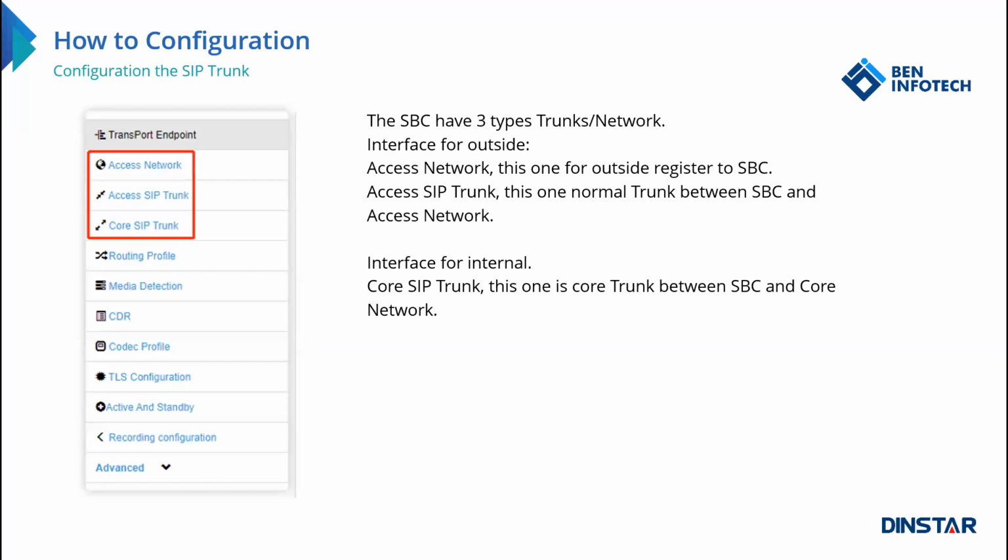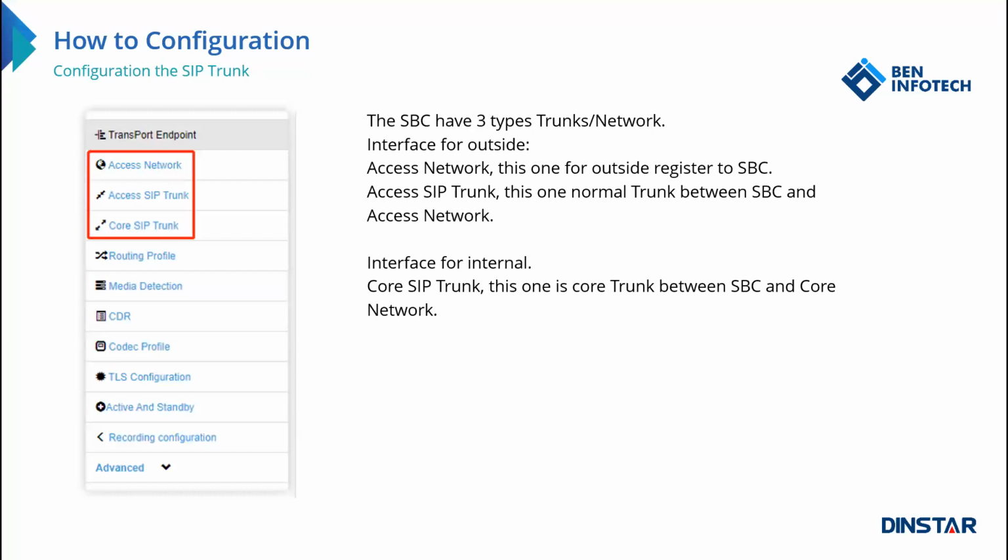Core SIP trunk is basically the SIP registration that you would do between the PBX and the SBC. Access SIP trunk is when you're registering the SBC with the local network.